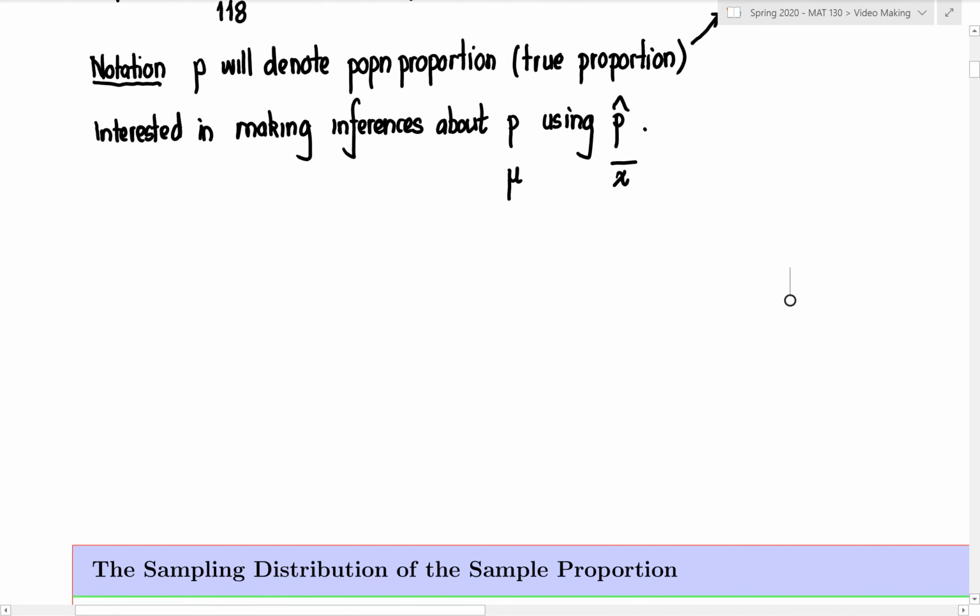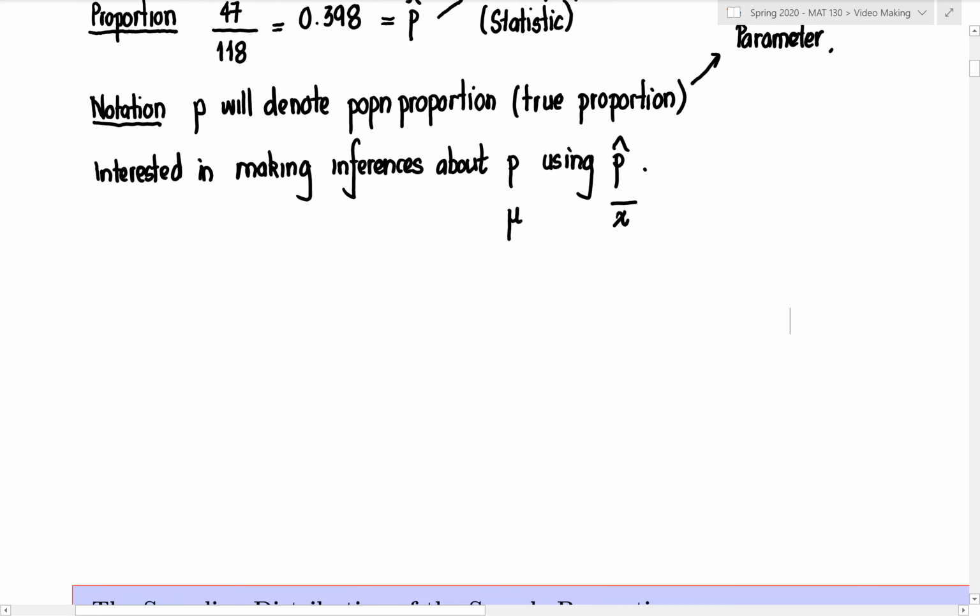The first thing we really needed to know, remember, to make inferences about the population mean based on the sample mean, was what the distribution of X bar was like. In other words, we needed to know what the sampling distribution of the sample mean looked like.